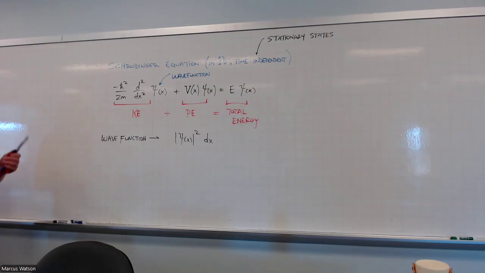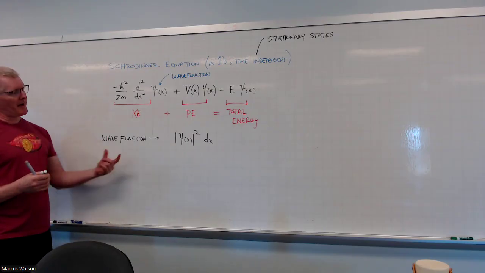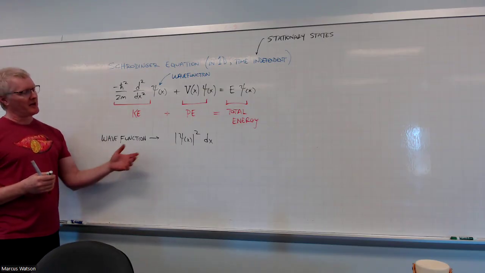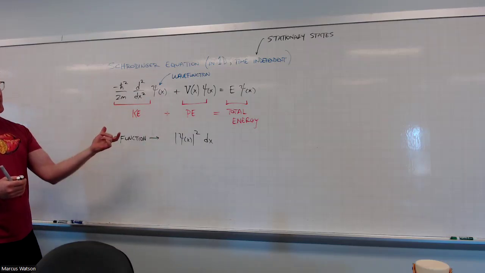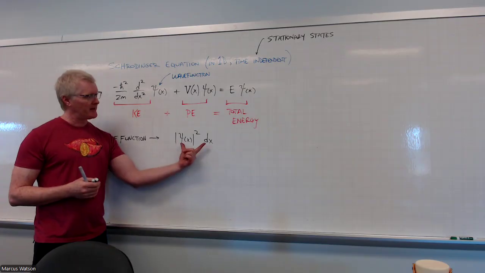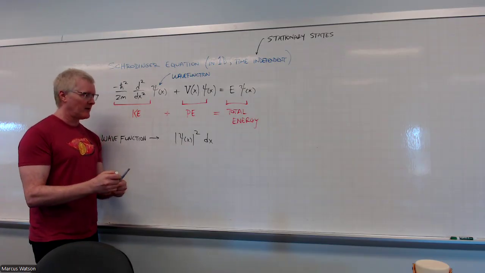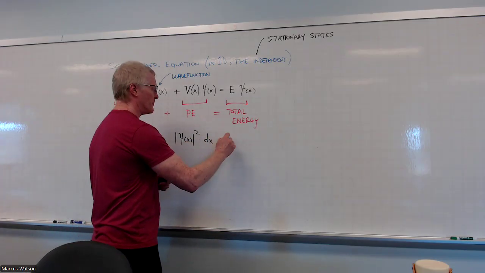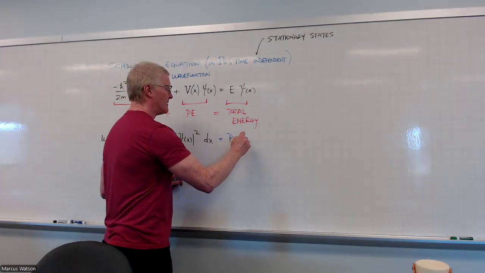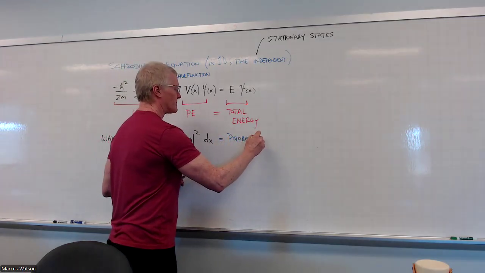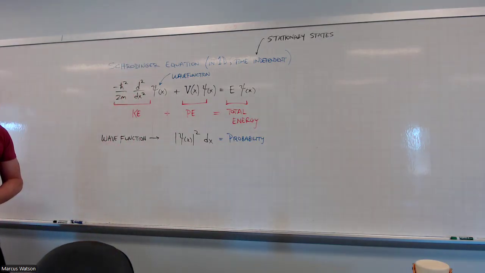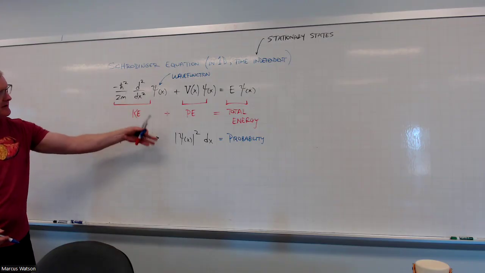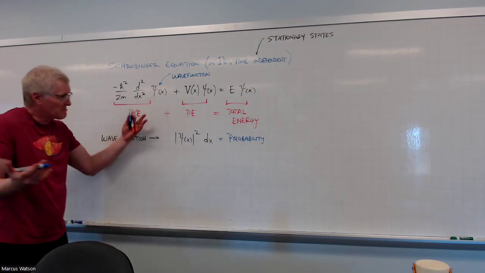If I square the wave function and then multiply by a differentially small piece, mathematically dx, but in reality it would be a delta, and I look at the multiplication of these two, this is ultimately interpreted to be the probability of finding, I'm going to assume it's an electron that's being described by the wave function.